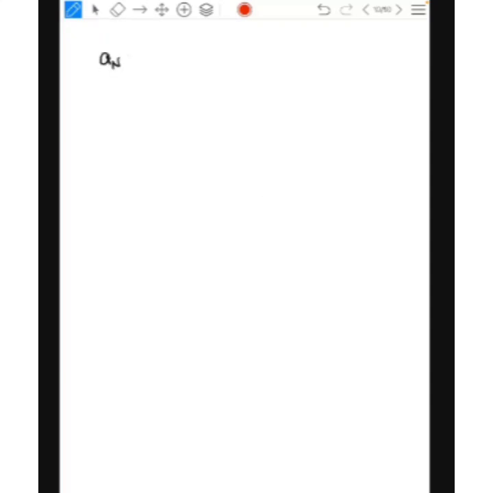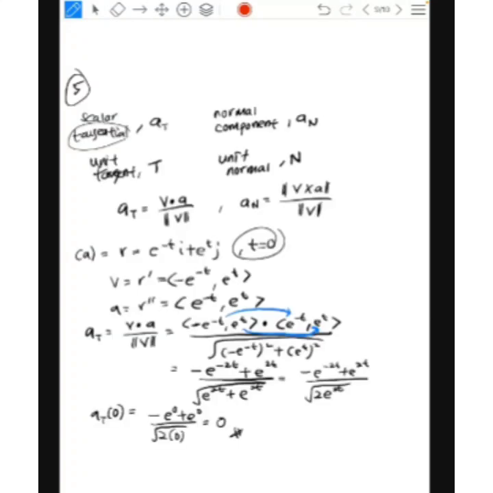AN is the V cross. Okay, kita cari V cross dulu. So V cross A will be I, J, and K. Kita di I kan.